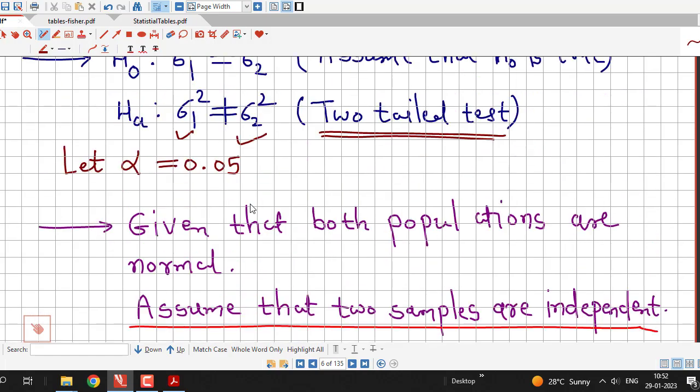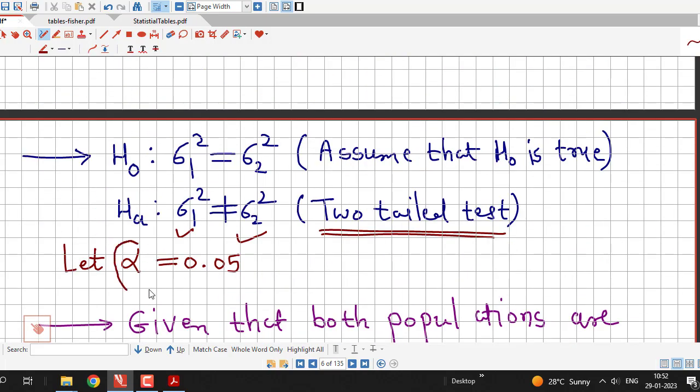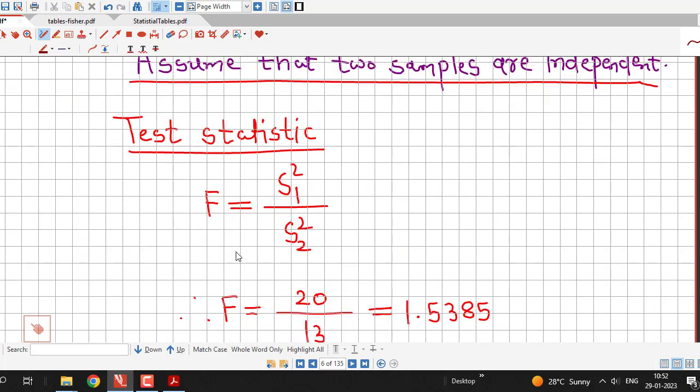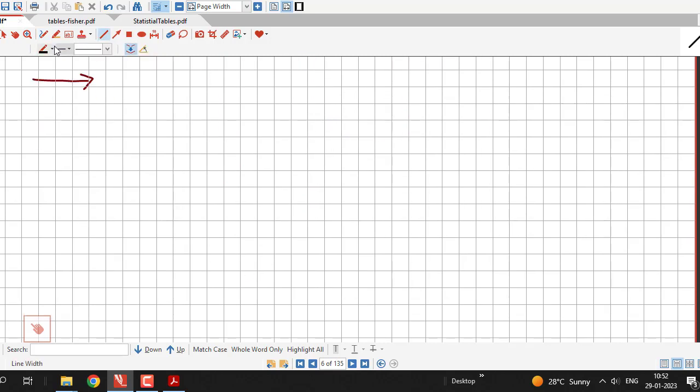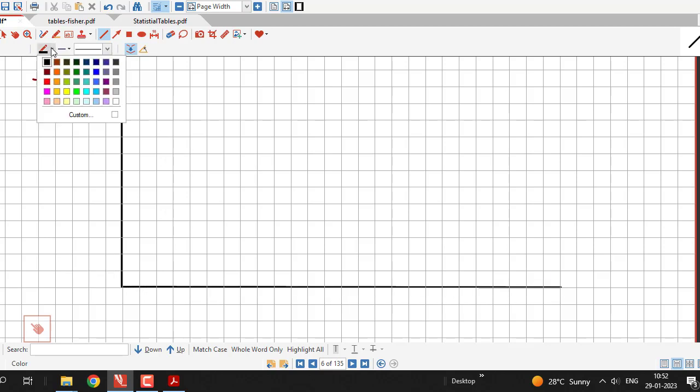So this is a two-tailed test, therefore we divide our level of significance by 2 and consider equal area in both tails. We are familiar with the shape of the F distribution. It is skewed on the right side and the graph is not symmetric, it is always asymmetric, and for higher degrees of freedom it can become nearly symmetric, but here degrees of freedom are 8 and 7.